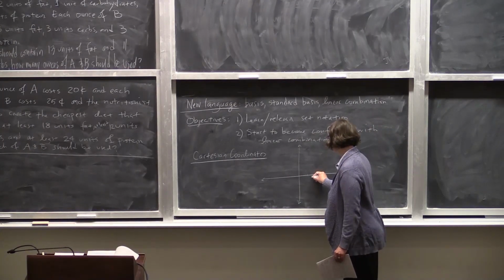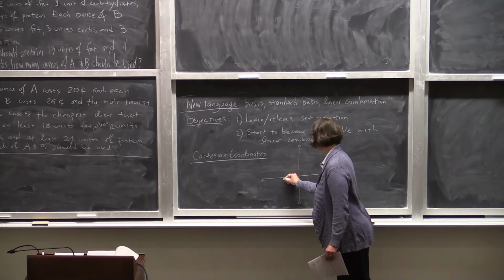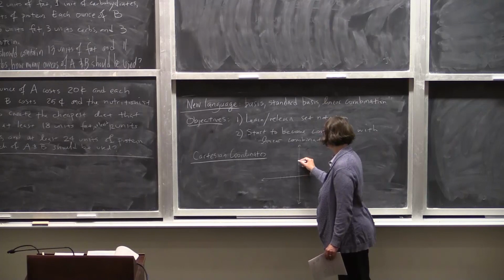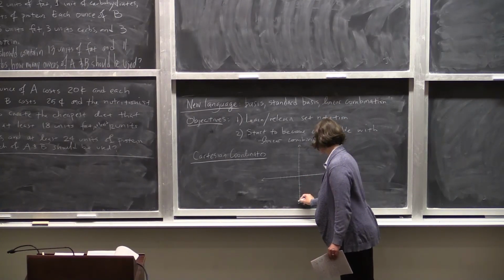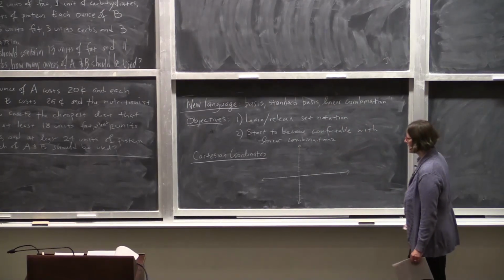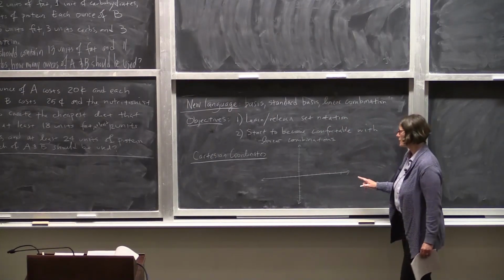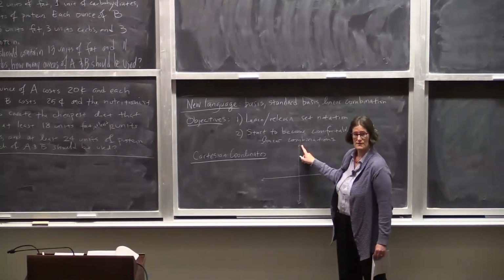You put equally spaced tick marks along the axes. They might be an inch apart, a mile apart, a light year apart, but they're equally spaced. In high school, you would have called this the x-axis and the y-axis.